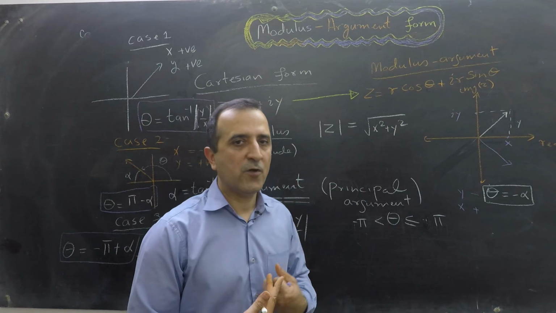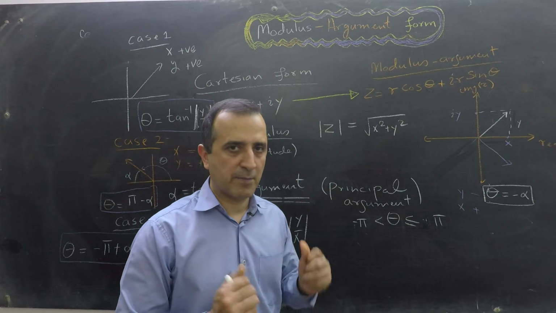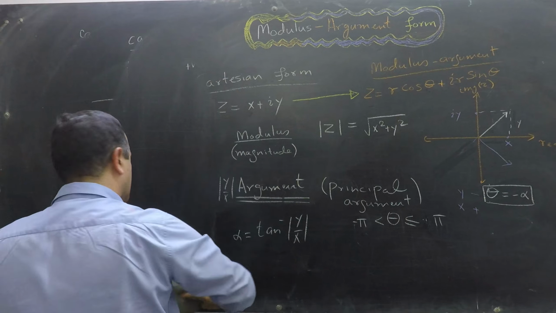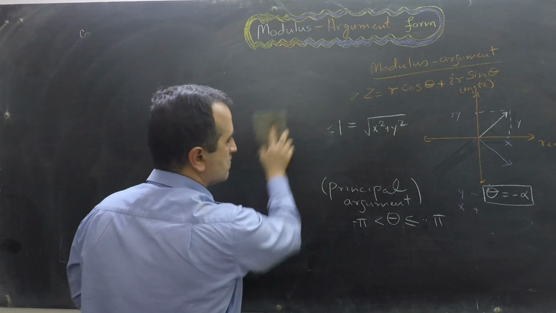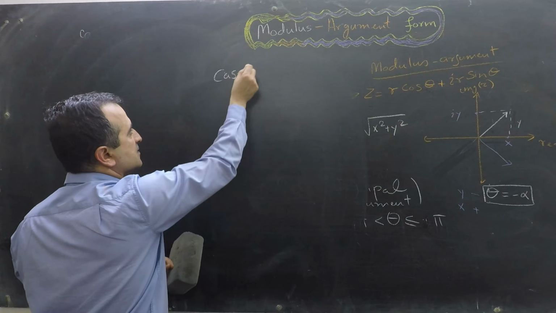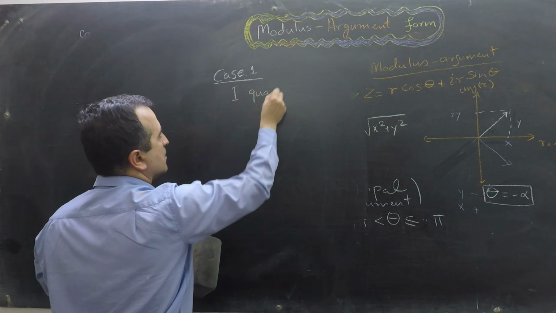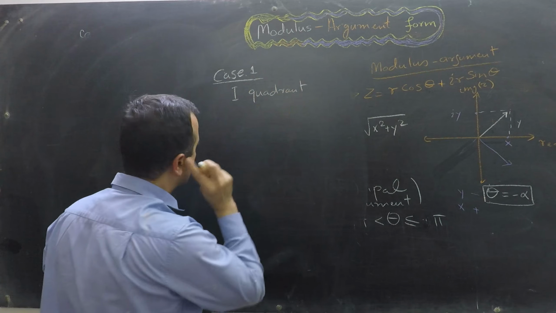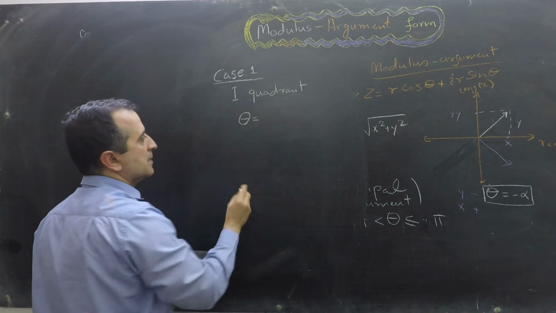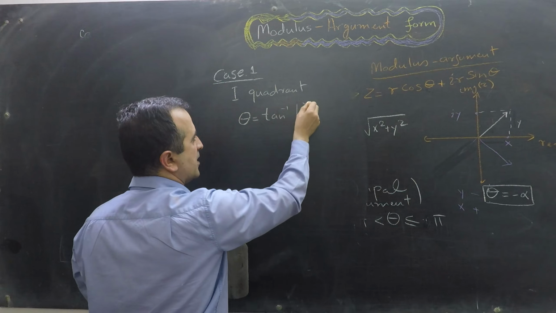So now, before we start doing an example, let's write all those cases clearly so that we can remember them. My case 1 was that we are in the first quadrant, and in this case my theta will be tan inverse mod of y over x.